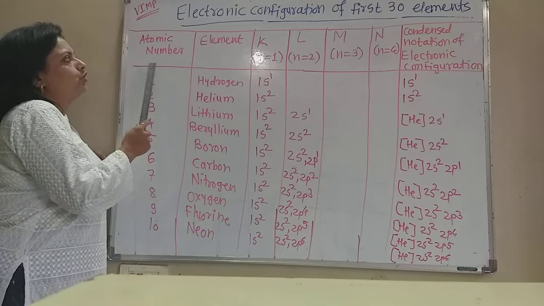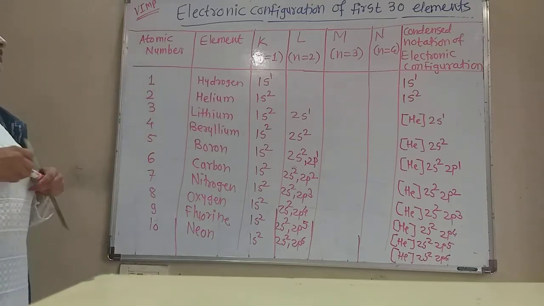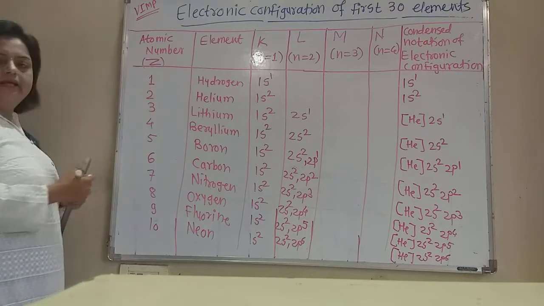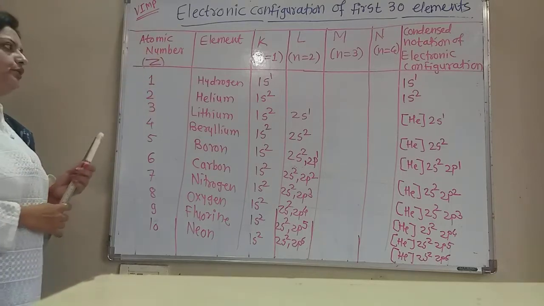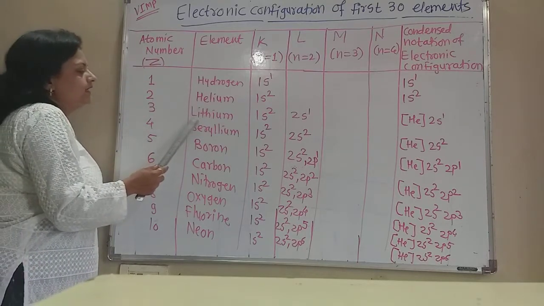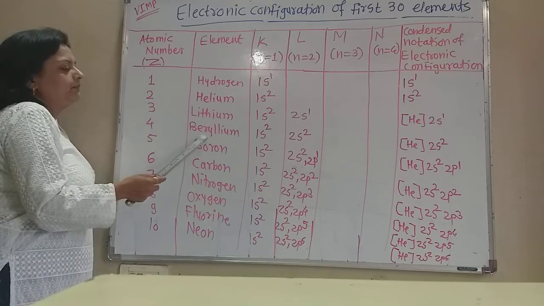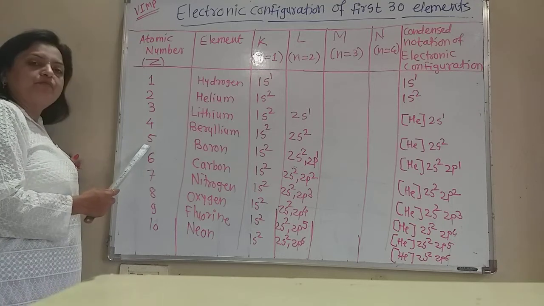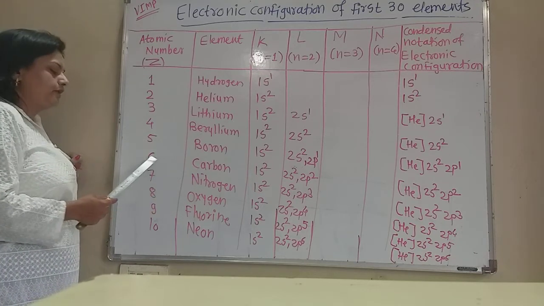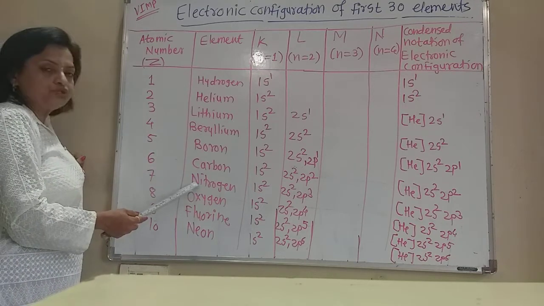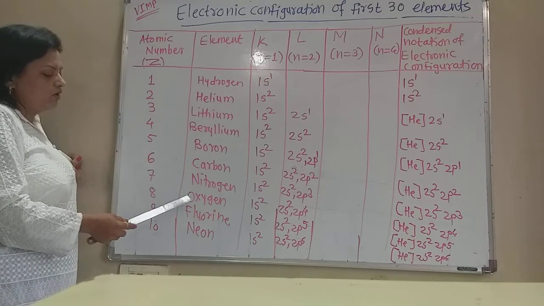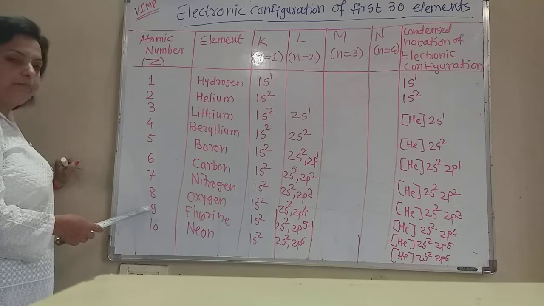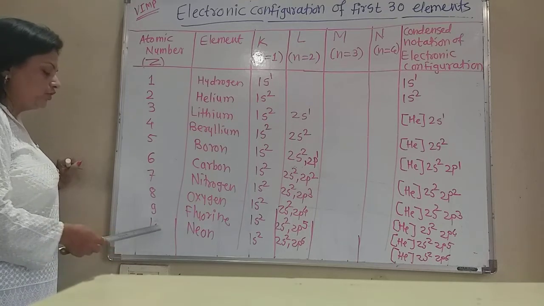Hydrogen has atomic number Z equal to 1. After that, helium atomic number 2, lithium atomic number 3, beryllium atomic number 4, boron atomic number 5, carbon atomic number 6, nitrogen atomic number 7, oxygen atomic number 8, fluorine atomic number 9, and neon atomic number 10.